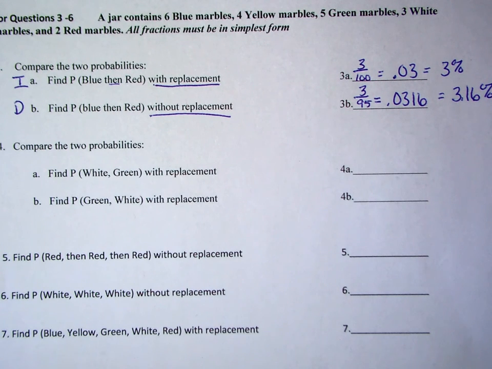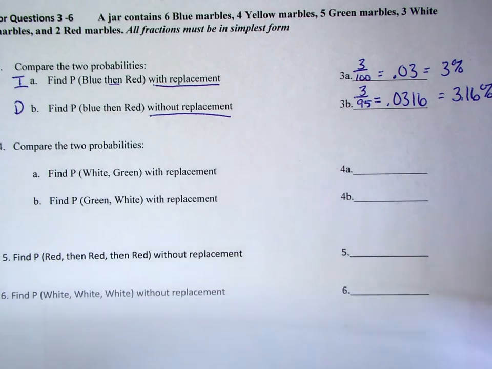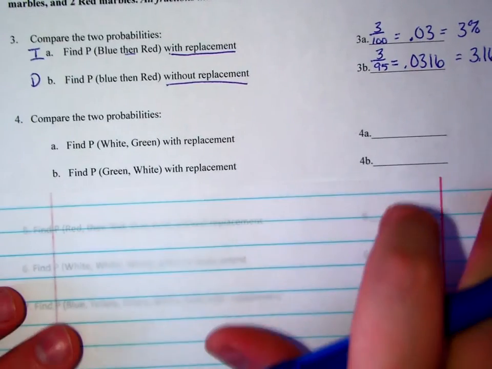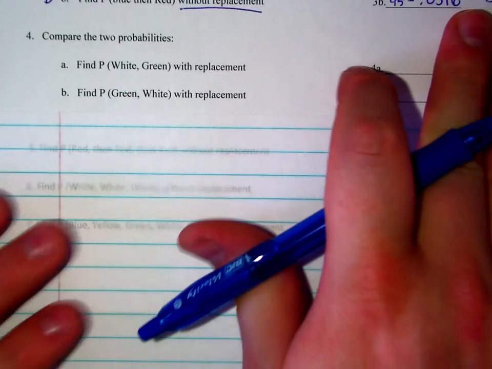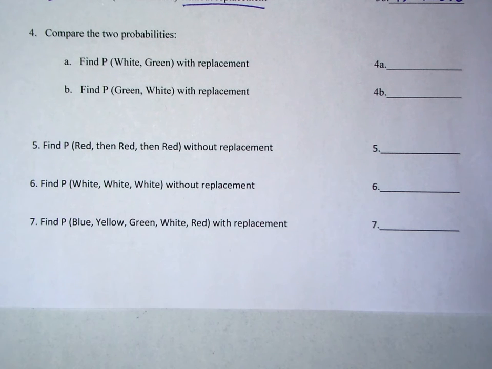Number 4, compare the two probabilities. Find the probability of getting a white and then a green, and compare it with finding the probability of getting a green and then a white?